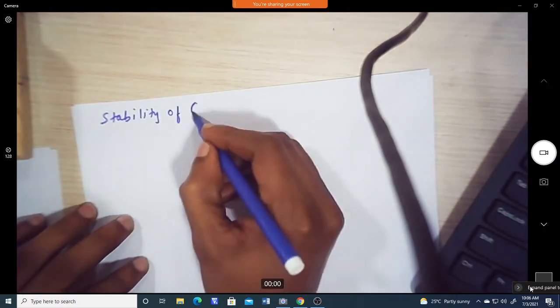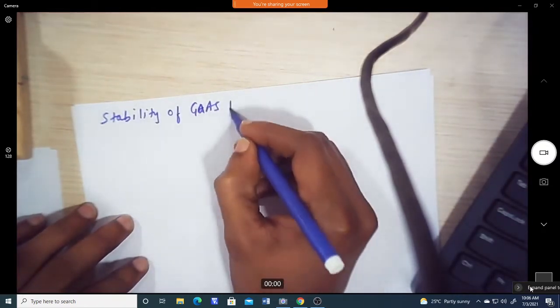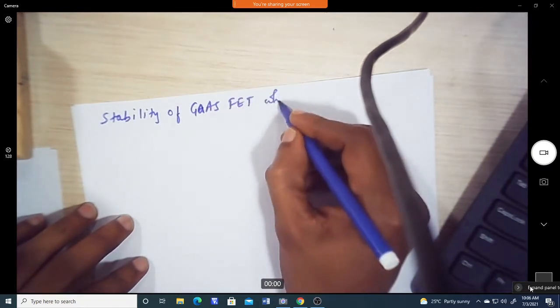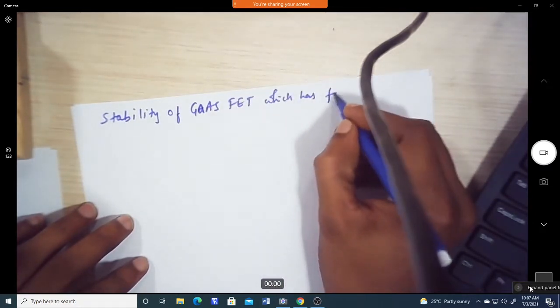So we need to find out the stability of a gallium arsenide FET which has the following S parameters.